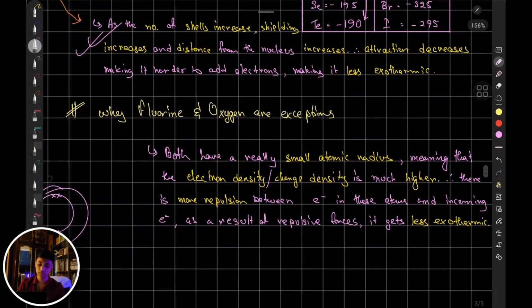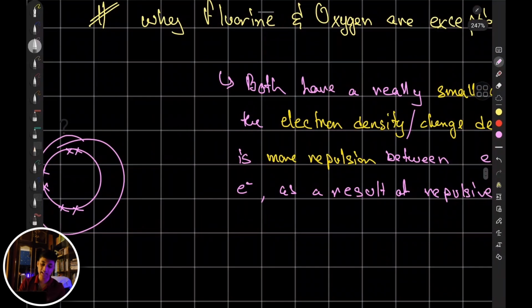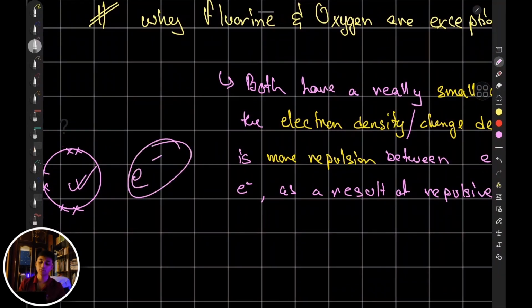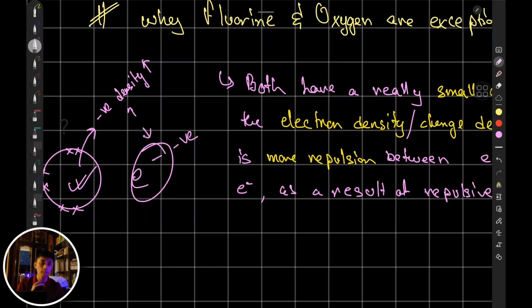This atom is supposed to attract this electron. And if the negative density is high and it is supposed to attract a negative charge, wouldn't there be repulsive forces?